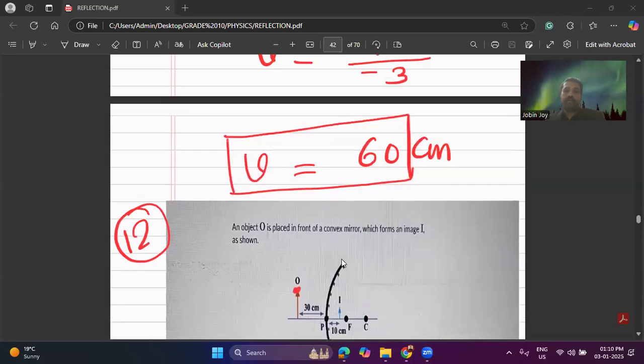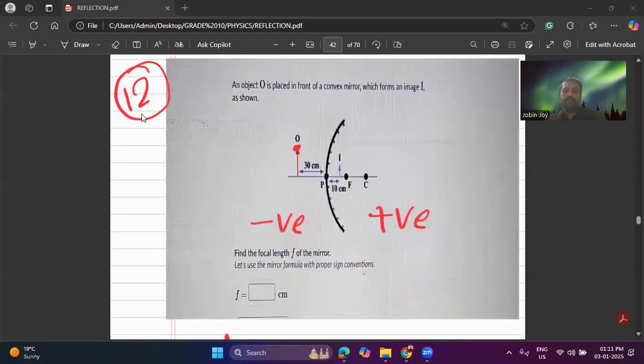Let me check. Yeah, the answer is 60 centimeter. Once you solve it, you will get image distance is 60 centimeter. Then coming to the next question. Here, it's a convex mirror. This is a convex mirror, means the reflecting surface is this side.